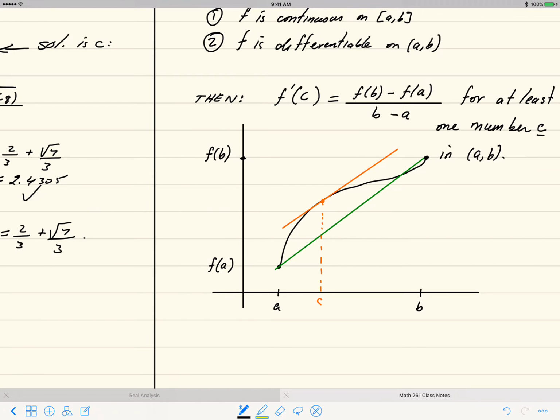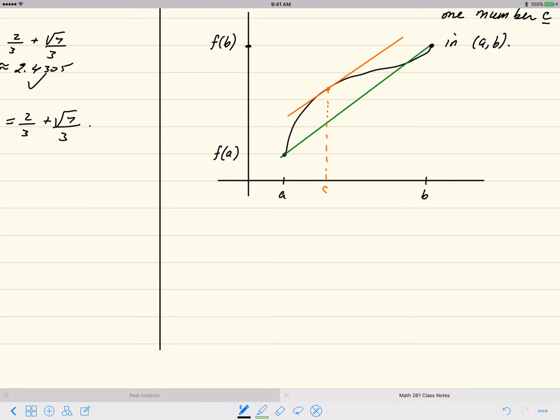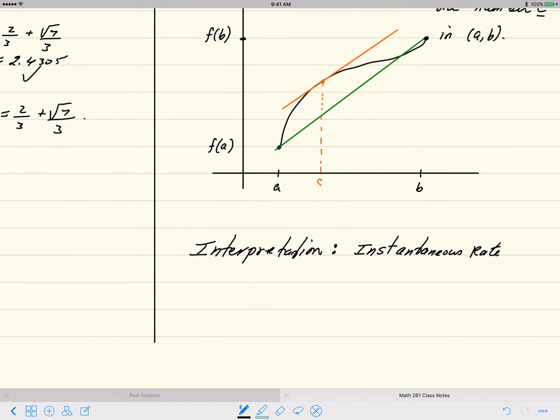So what is the interpretation of this? Let's see. The interpretation of this is that what we're saying is the instantaneous rate of change is equal to the average rate of change at some moment in time.